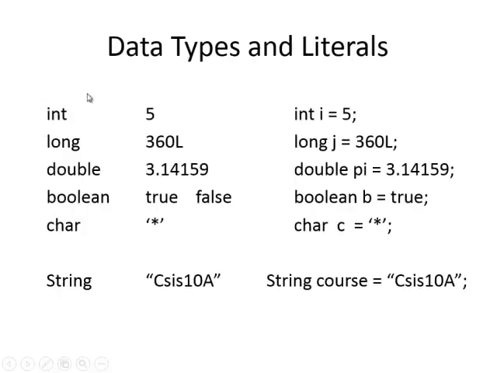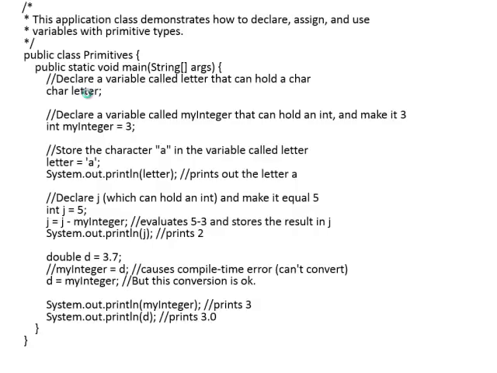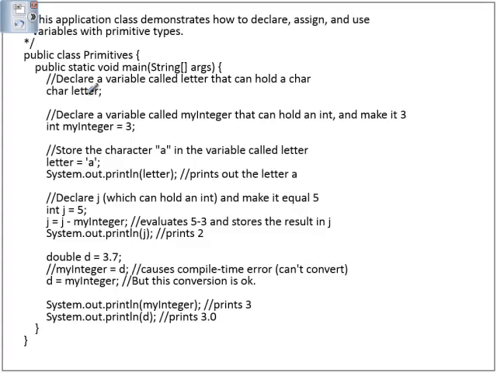What's its data type? The data type is character, or char is the keyword in Java. The next line of code, notice that a lot of these things are commented out, but here I'm declaring a variable, my integer. Its data type is int, meaning an integer. It's going to be assigned the value 3.